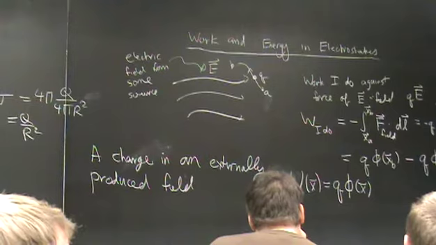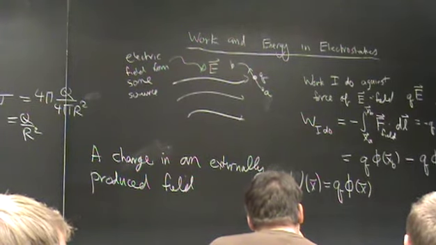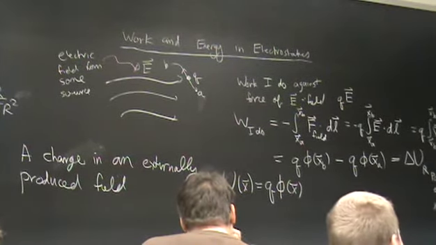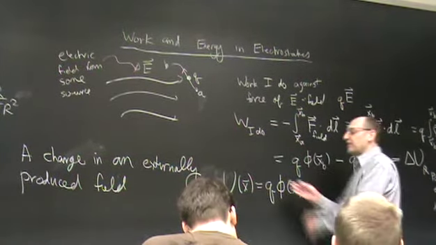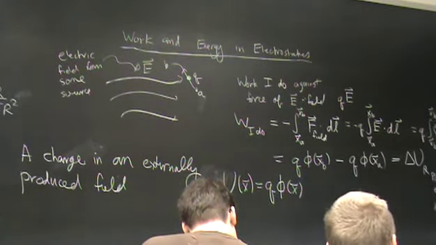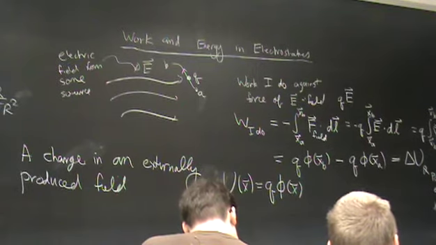So the change in potential energy is the work I do going from A to B. Of course, the units of electrostatic potential are energy per charge. In SI units, that's joules per coulomb.